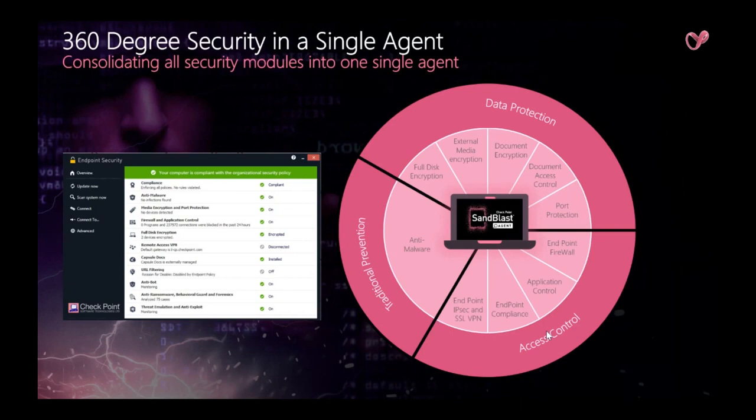If the endpoint does not match that criteria, it will be blocked from joining the network. And you can give access to the corporate critical resources when the compliance is met; otherwise, access will be denied. We can also configure similar policies.